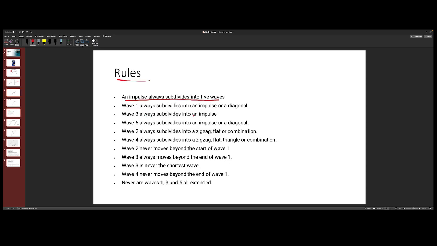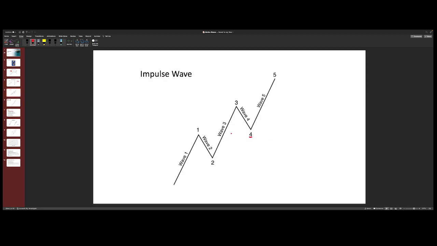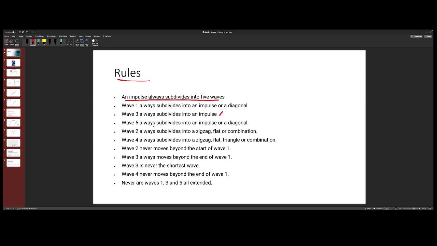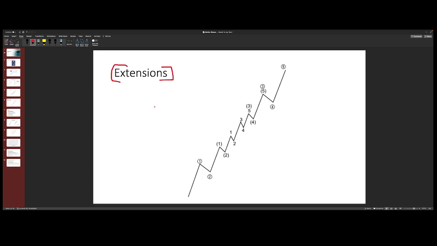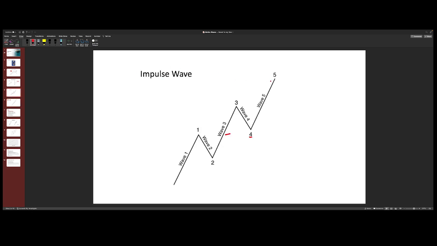Wave 3 always subdivides into an impulse. Check. So this item right here is an impulse. Wave 5 always subdivides into an impulse or a diagonal. Check. So this section right here is either a diagonal or an impulse.